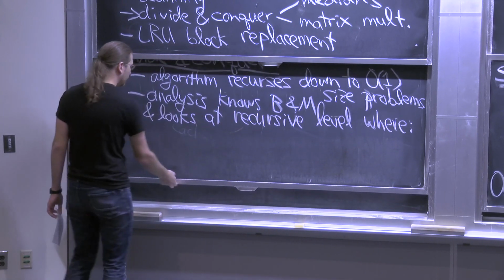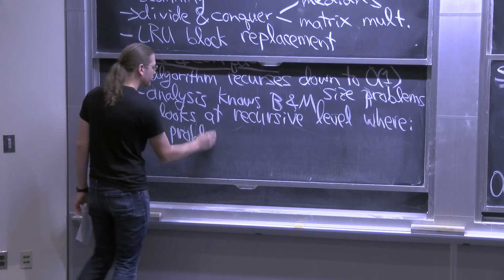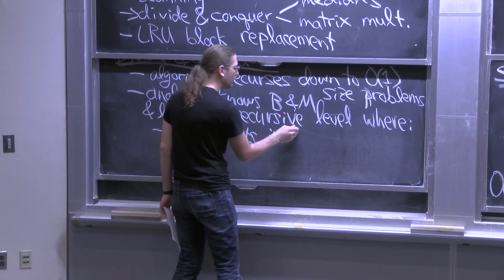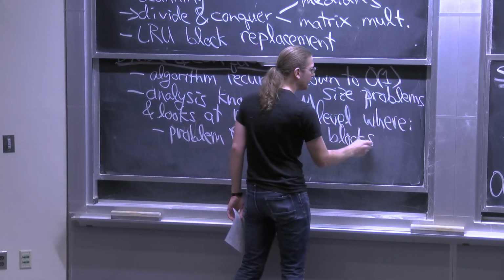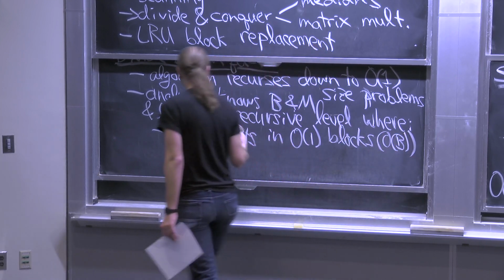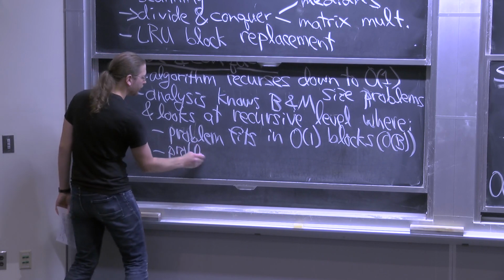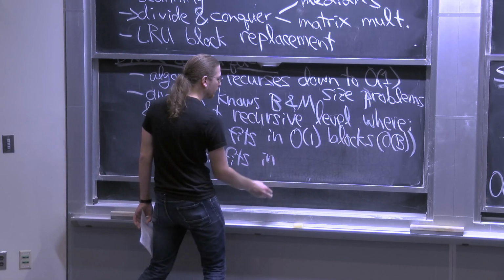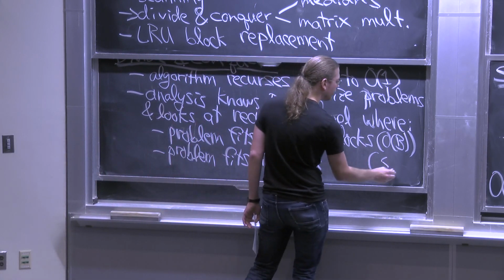Either the problem size fits in order 1 blocks, so meaning it's order B size. That's an interesting level. Another interesting level, the more obvious one probably, is that it fits in cache. So that means that the size is less than or equal to capital M.